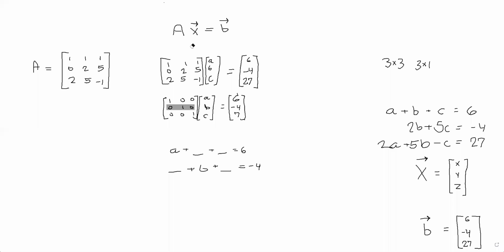And then we have our third row, which gives us the following. We have 0A plus 0B plus C is 7.